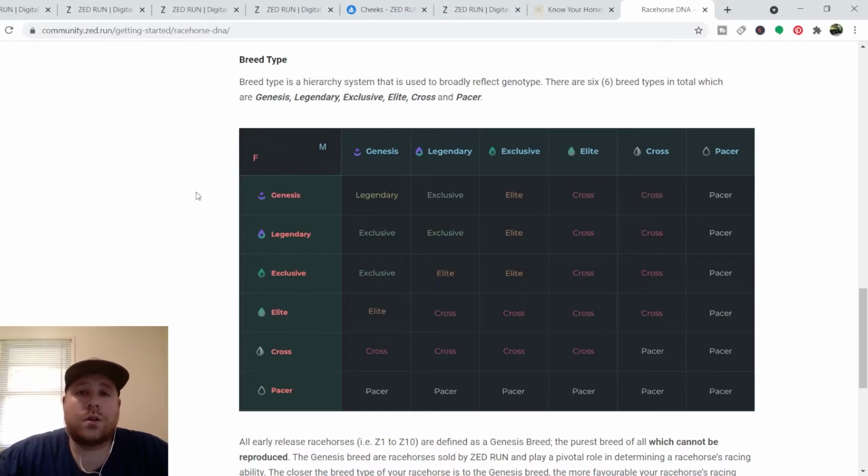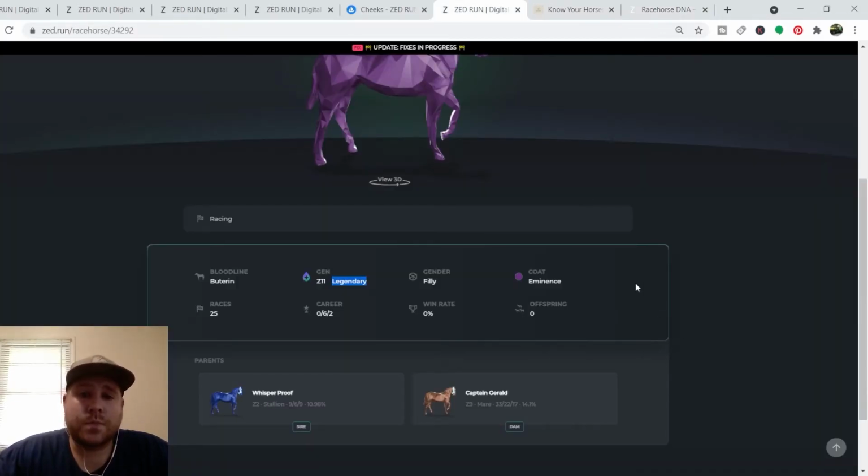There are some really good, high-winning bred horses, but if you take all the bred horses and line them up against all the Genesis, the Genesis win more often. Once again, there are a couple of fringe cases, but in the current state of the game, in mid-July of 2021, that's just the way it is.